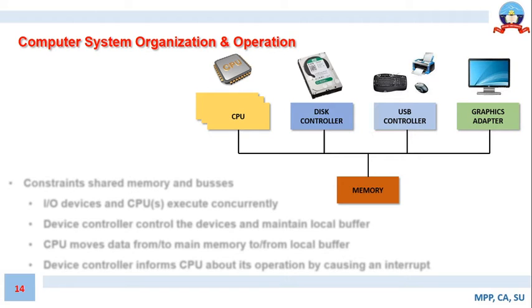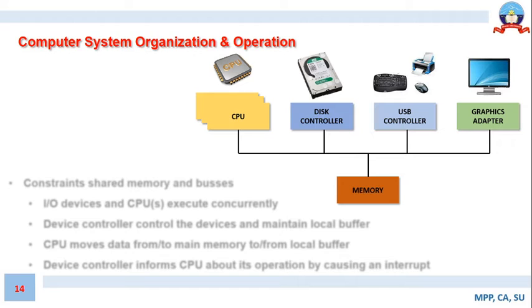Now, one of the major limitations of a computer system is that we cannot have a dedicated set of communication channels established between various units. The communication channels we have are shared, and they must be optimally utilized by different units in order to perform their purpose-specific operations. So one of the major constraints of a computer system is that it shares system buses, or the communication channel, and it shares memory.